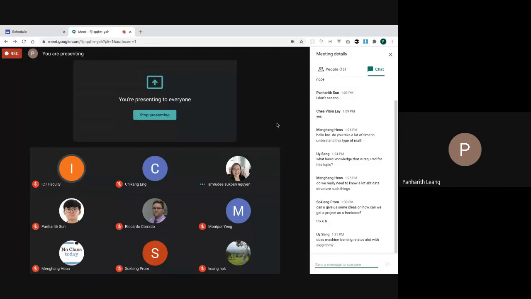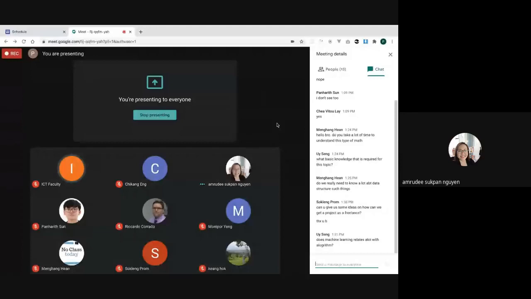About study life, the environment there is a bit better than here. They have a better environment for you to study, and they give you a lot of free time to do your own research.